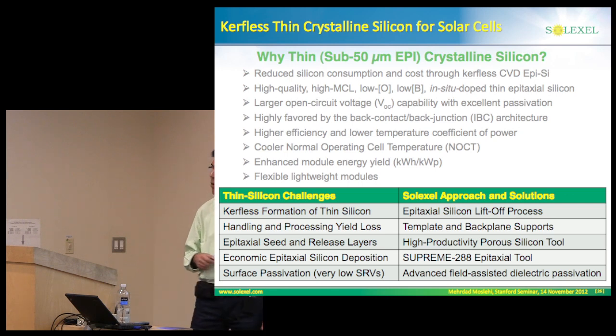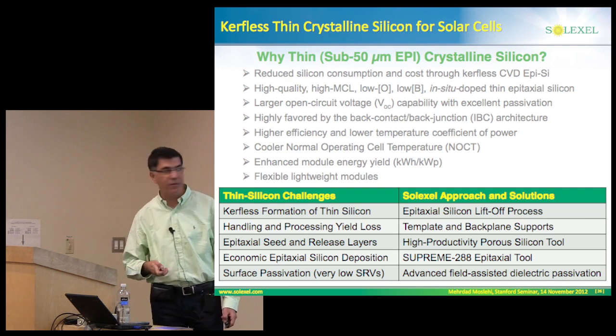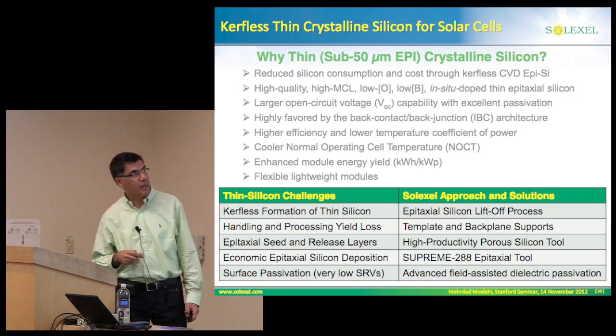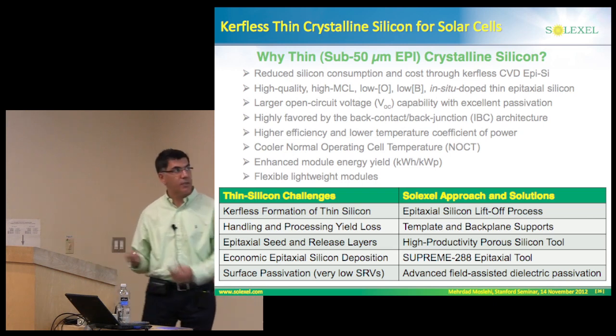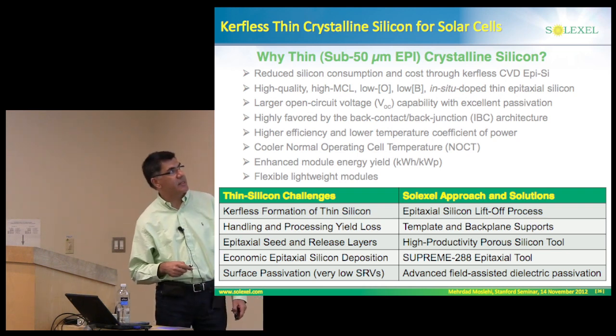We can do in situ doping, so we can modulation dope our absorber as we grow. You cannot do that in the case of wafer, of course. We can achieve higher open circuit voltage. We already do that routinely compared to the standard cells.